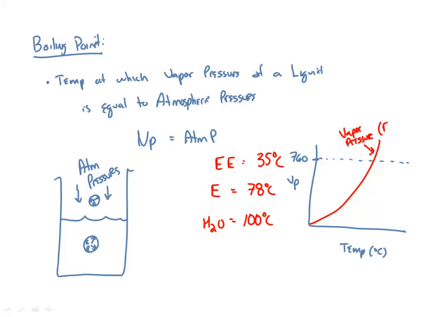And we'll just do the ethyl ether. And so that would be our 35 degrees Celsius where it crosses that. So this is essentially the boiling point.